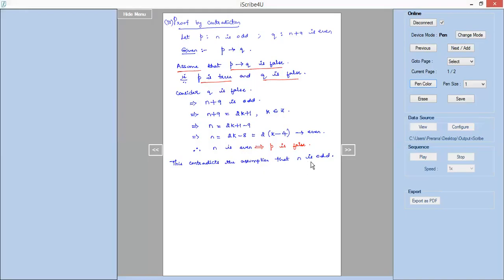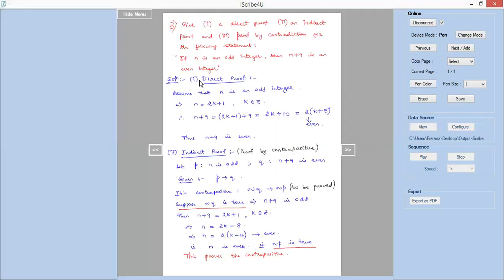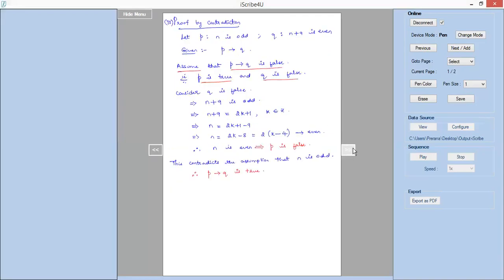So this is a contradiction to the assumption we made, and hence we can conclude that P conditional Q is true. That means the given conditional, which says that if n is an odd integer, then n plus 9 is an even integer, if P then Q, is true. So in this problem, we saw that for the given statement, we were able to give a direct proof, an indirect proof, and the proof by contradiction also.